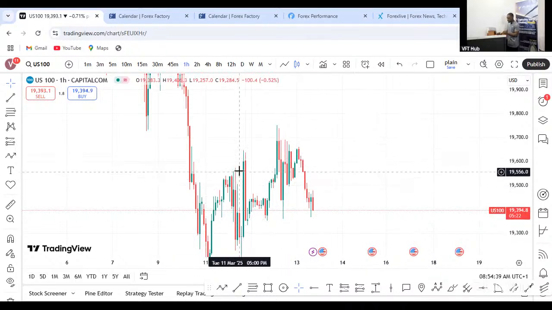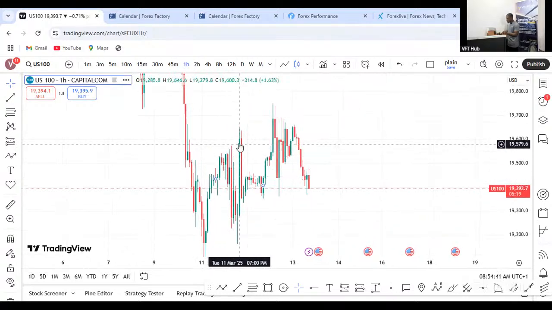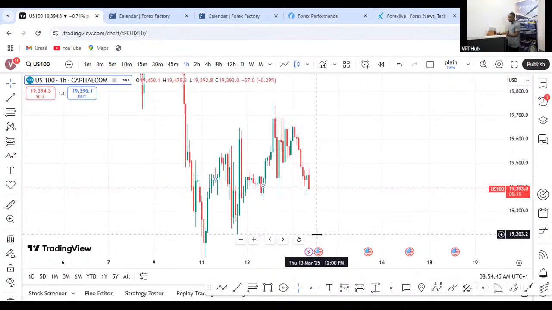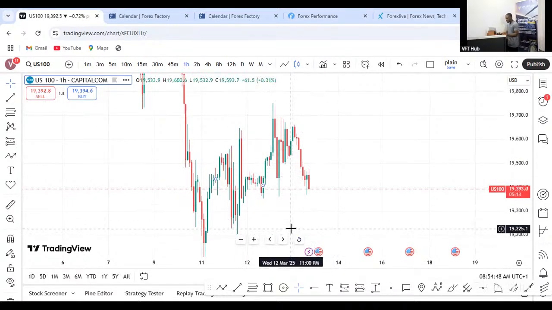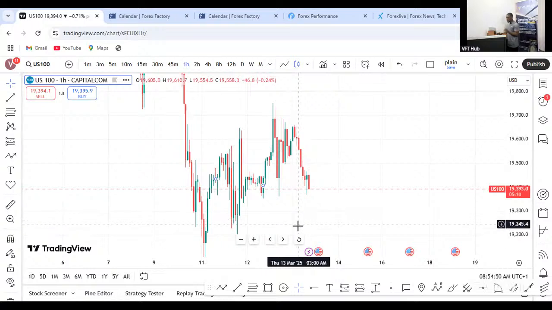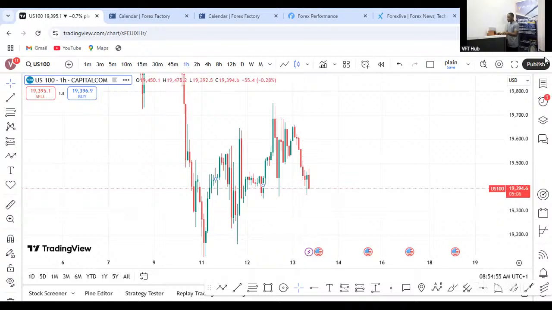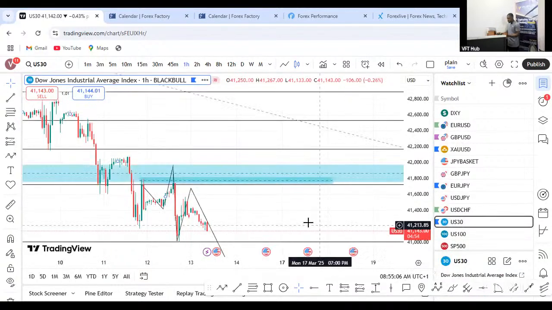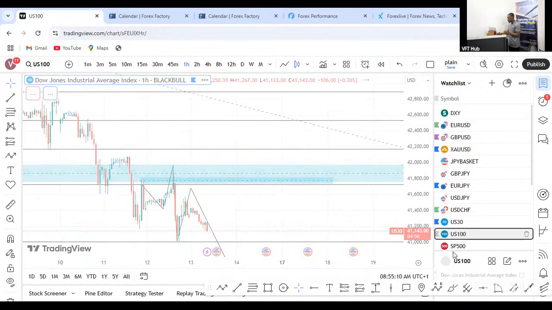Or we just have a break of the previous higher high, and then there's no sweep yet. Price hasn't swept through what we have. So for US 100, you might just want to keep it aside and just observe what is happening with this market, while we stick with our analysis on US 30, because that is a much clearer setup compared to what we have on US 100.